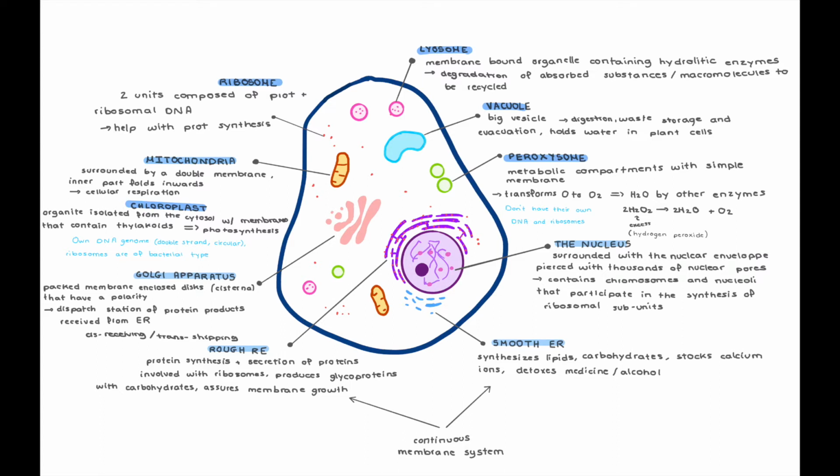Now, going down again, the peroxisome is another type of waste management, except this is more of a metabolic compartment with a simple membrane, and this has an extremely important job, which is to transform oxygen to dioxygen. And oxygen is actually really toxic in the cell because it's very electronegative, so it wants to hog everybody's electrons, which is not good.